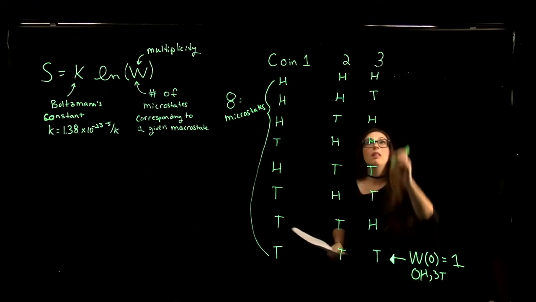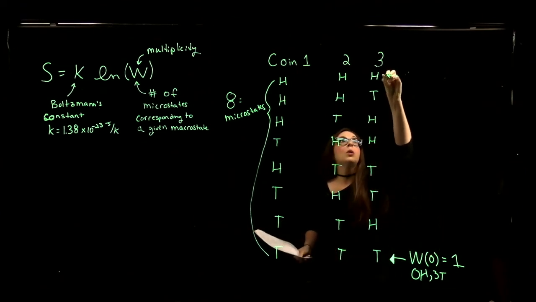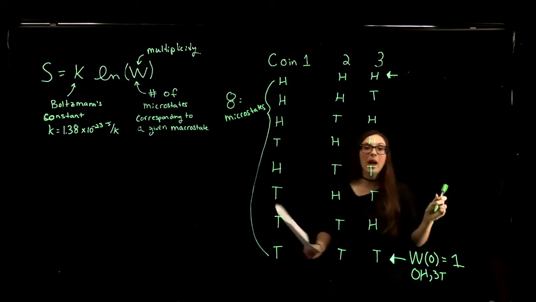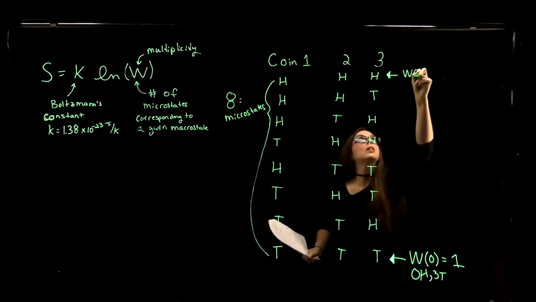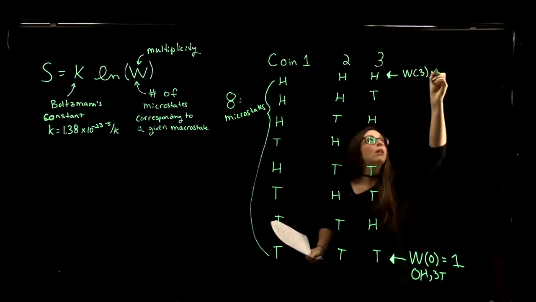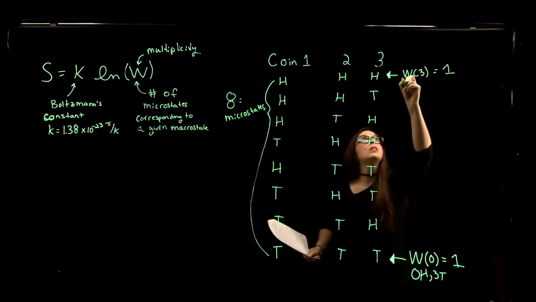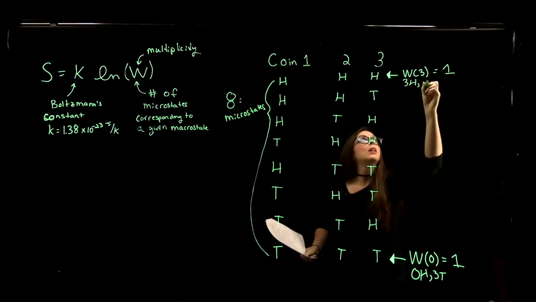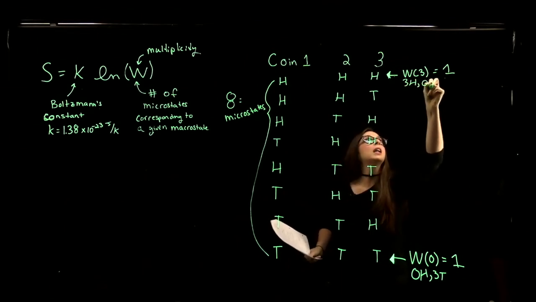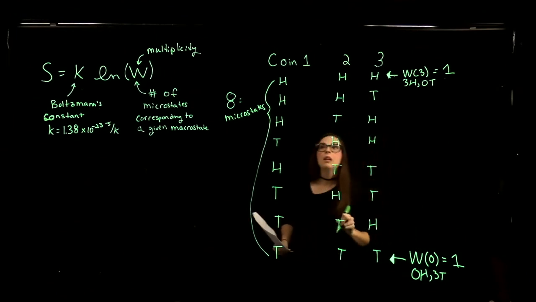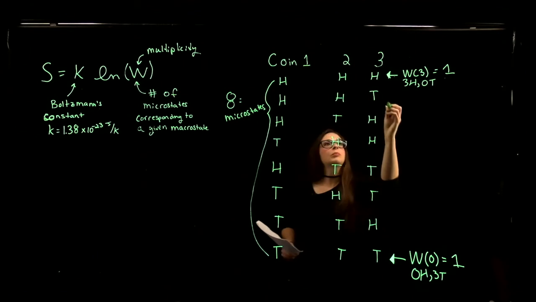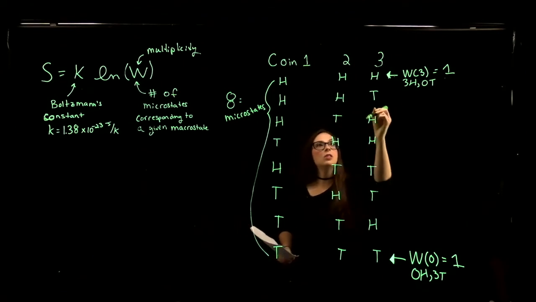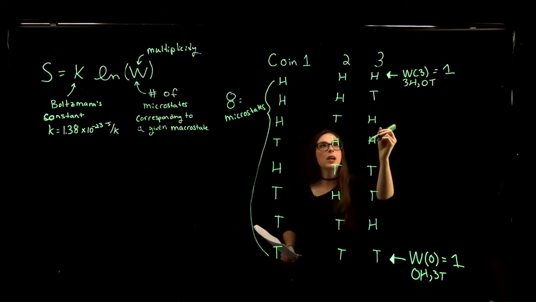Okay? And then let's see, up here we have only 1 microstate that gives us, I'm going to write like this, 3 heads and no tail. There's only 1 of those. So this is 3 heads and 0 tails. Okay? And then let's look at these next here. We have here these 3 microstates right here. They all have 2 heads and 1 tail.